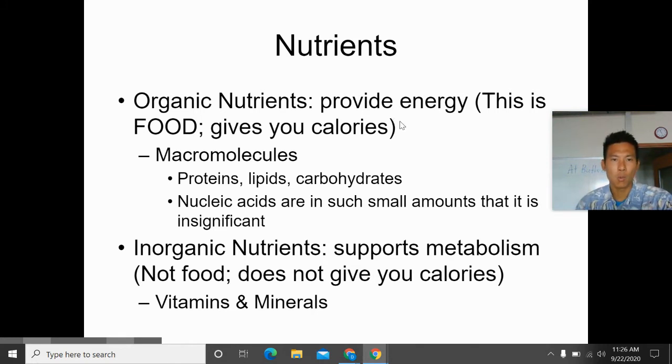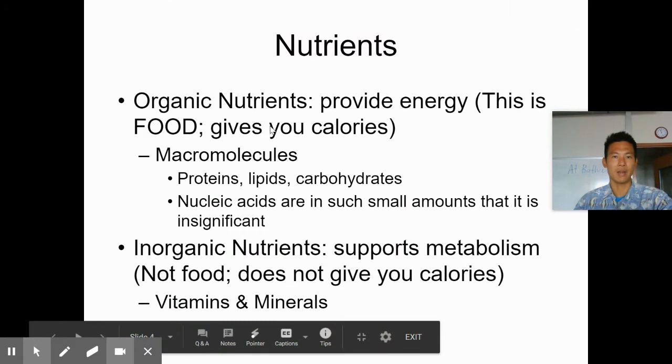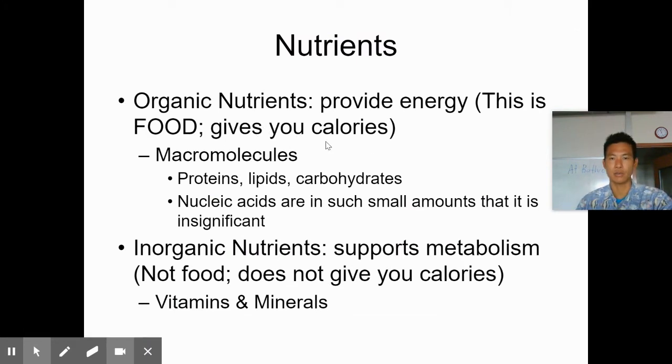Now what types of nutrients give you energy? It is the organic nutrients, the nutrients that give you energy measured in calories. There are three things in this world that give you calories, and that is proteins, lipids, aka your fats, and your carbohydrates, built up of simple sugars.